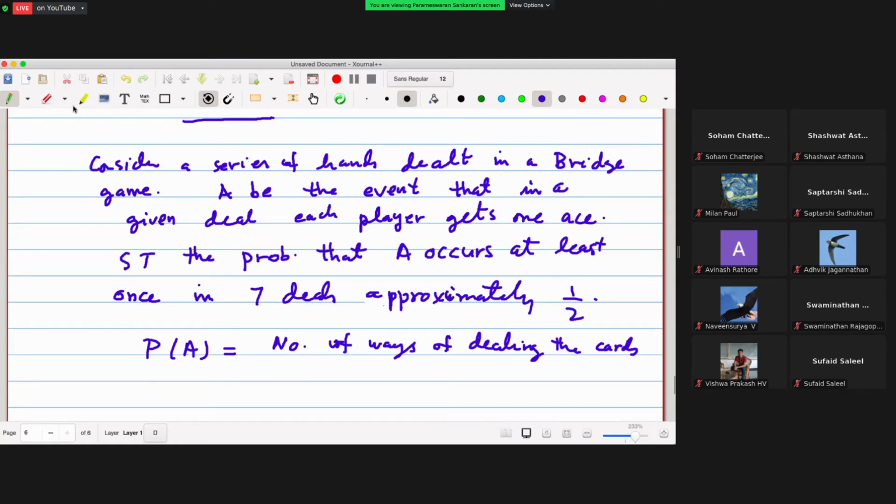Or I will write it in a slightly more mathematical way: partitioning the cards into 4 piles, 4 parts of 13 cards each.